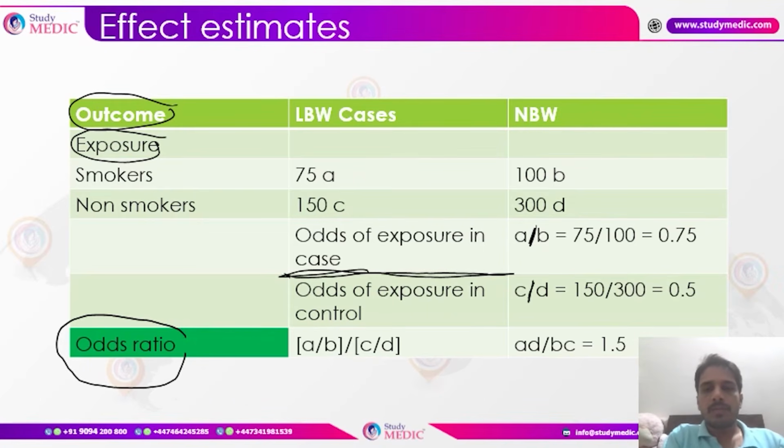It is C by D, that is 150 by 300. The odds ratio is AD by BC, which is equal to 1.5. The meaning here is that the odds of low birth weight in smokers is 1.5 times more compared to the odds of low birth weight in non-smokers. So the association is 1.5 times more. How much more? 50% more chance.